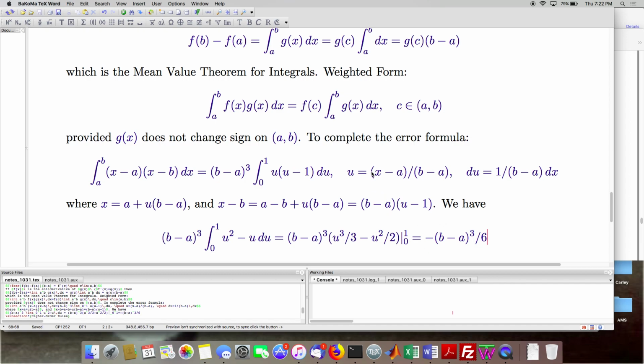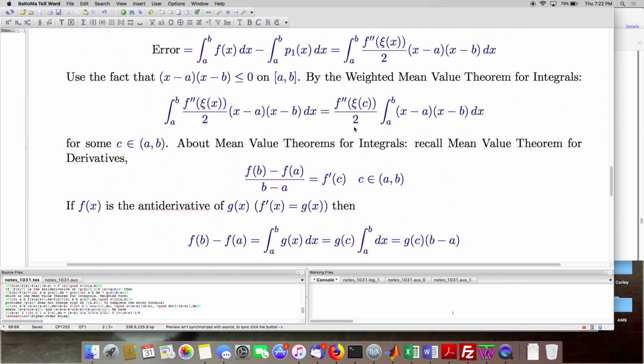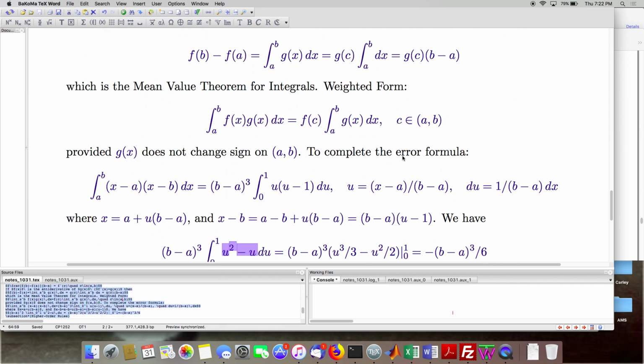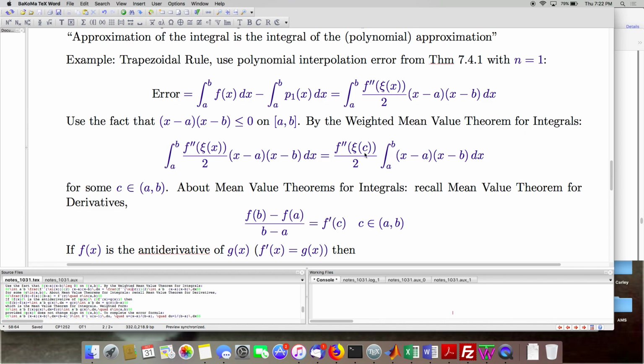So if I go back up here, this is my error. I had this part already, which has worked out to be minus b minus a cubed over 6, although I feel like I'm off by a factor of 2. Nope, it's right. I was thinking of a different rule that has a different denominator.